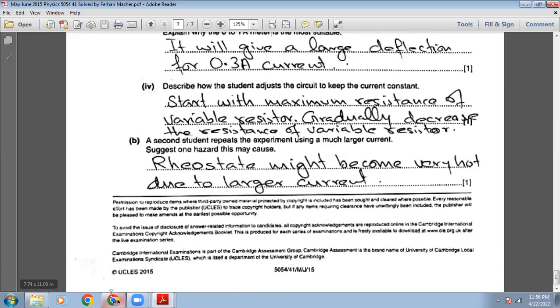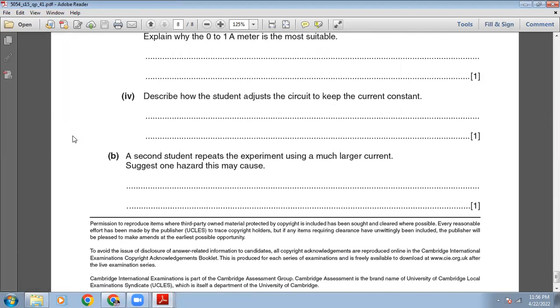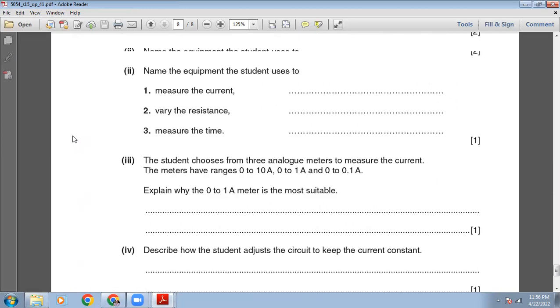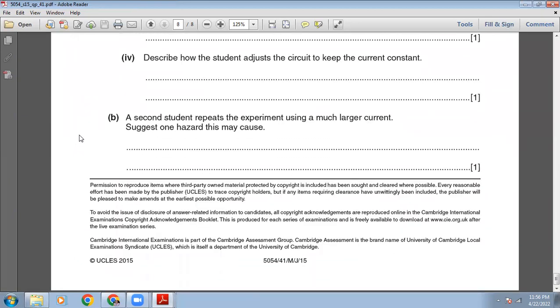Then the question is: a second student repeats the experiment using a much larger current. Suggest one hazard this may cause. If you use a very large current in the circuit, due to the heating effect of the current, there is a chance that the resistance might melt and blow, or your wiring will melt.